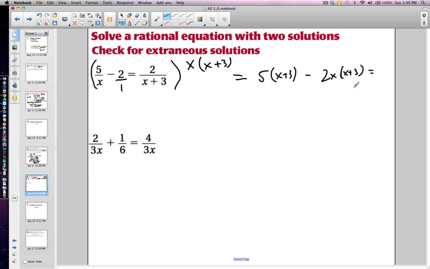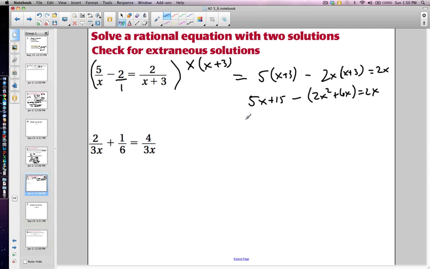And that will equal, when I multiply x times x plus 3 times this, the x plus 3's cancel and it just becomes 2x. When I simplify this, I get 5x plus 15 minus 2x times x, which is 2x squared plus 6x, is equal to 2x.